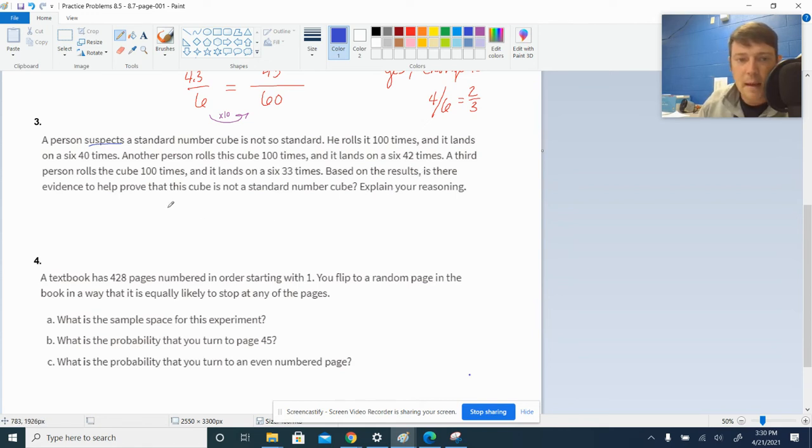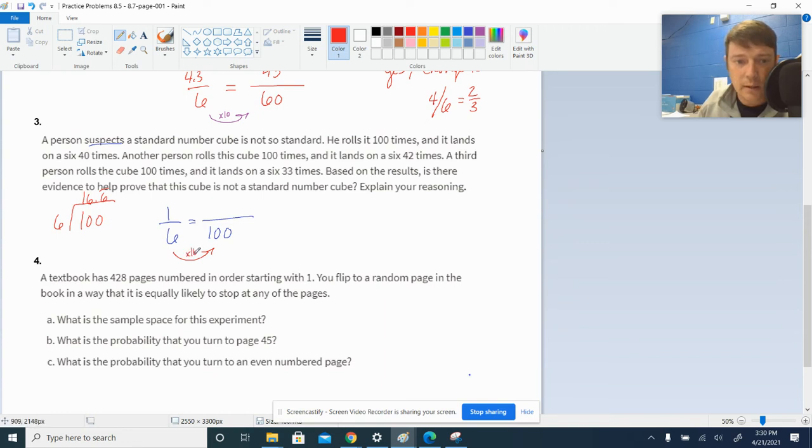Well, mathematically, on a standard number cube you're supposed to roll a 6 1 out of every 6 times. So if I extrapolate that out to 100 times, I divide 100 by 6 and find my constant of proportionality here. When I divide 100 by 6, you'll get 16.6 repeating. Trust me on that.